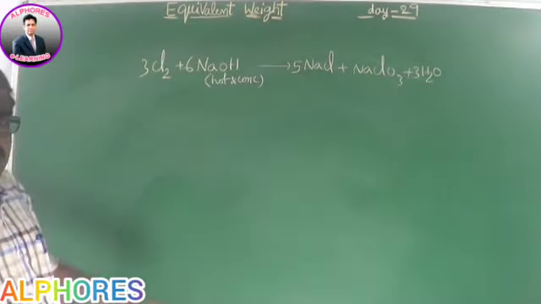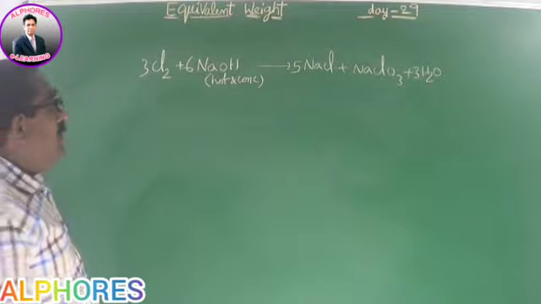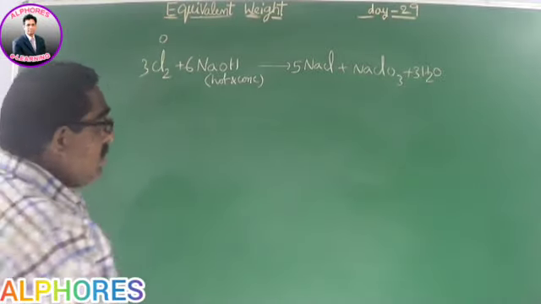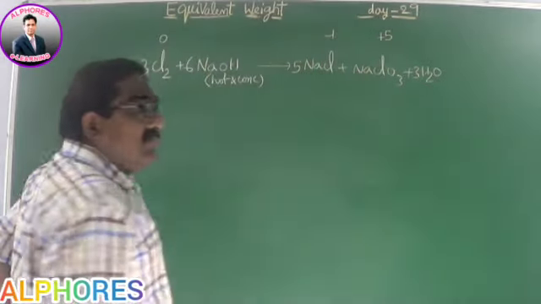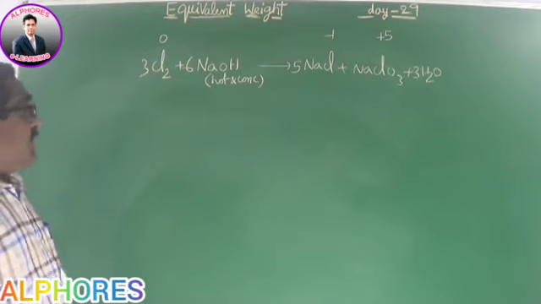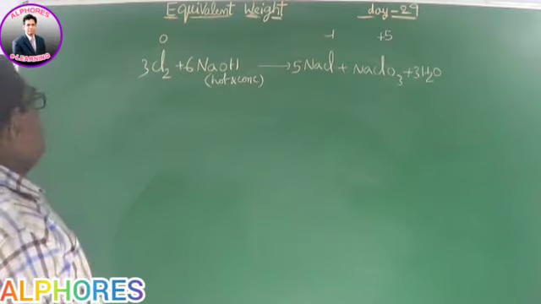Okay, this is the balanced chemical equation. Chlorine is here 0, and here it is -1, and here it is +5. Both oxidation and reduction are taking place on the same element, chlorine.